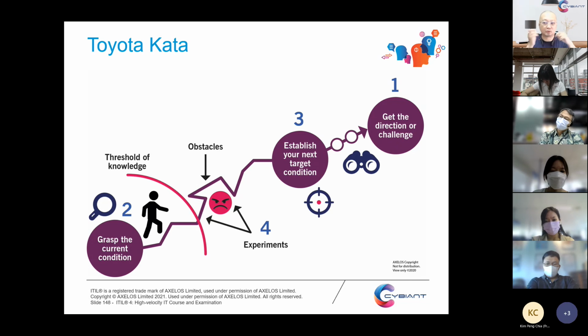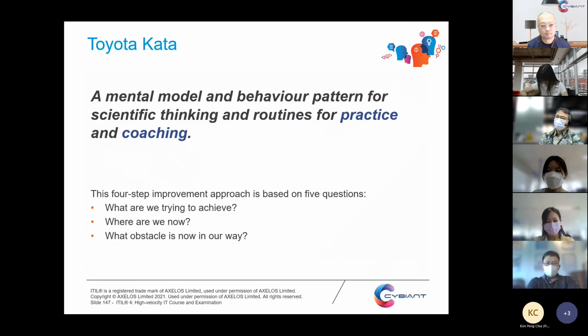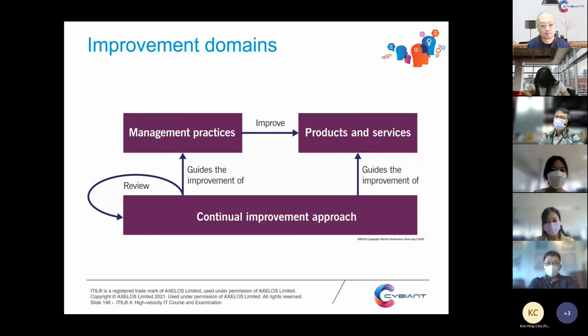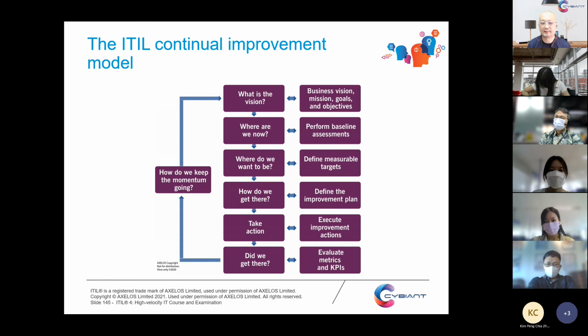If you go back to the previous slide, let me quickly jump back to that. This one here just gives you a few extra steps in terms of the questions to ask, similar to Toyota Kata.